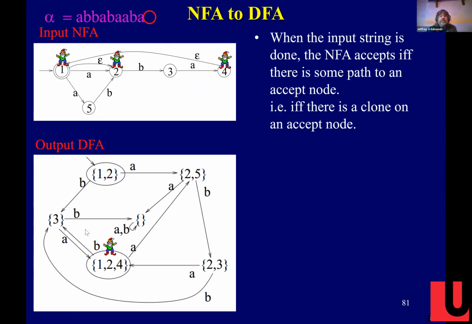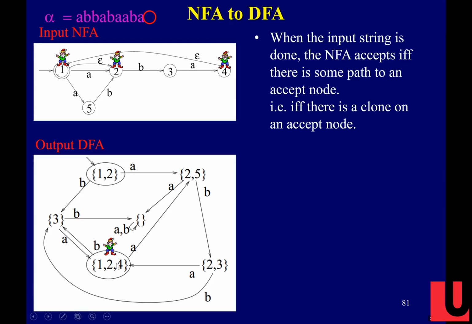All right, so now when does this NFA accept, right? You have a string alpha, when does it accept alpha? If there exists a path that leads to an accept state, all right? So who's going to be our accept states? Any state that contains an accept state. In this case, our only accept state is 1. So any state down here that contains a 1 will be our accept state.